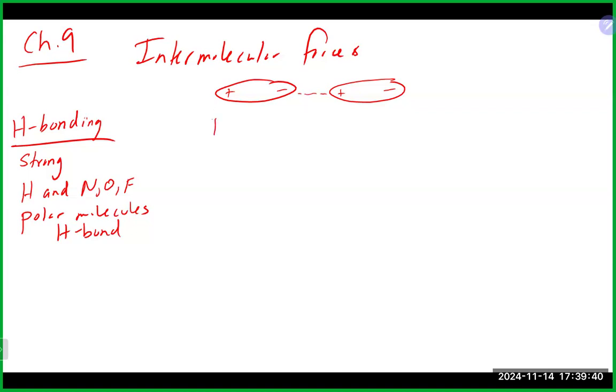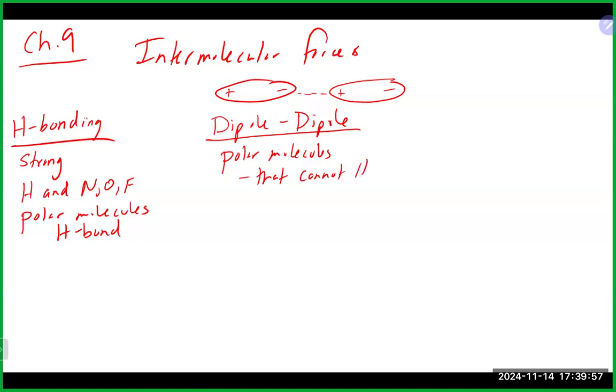Sort of a broader class of interactions is dipole-dipole interactions, and dipole-dipole is the main type that we have for polar molecules that really cannot hydrogen bond. So if you have a polar molecule that cannot hydrogen bond, it's going to go with just dipole-dipole interaction.